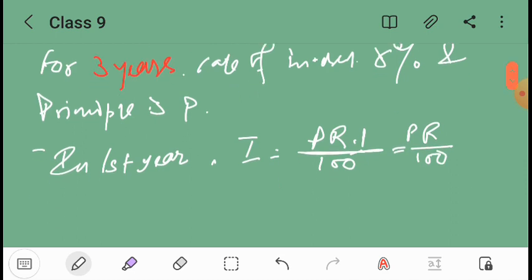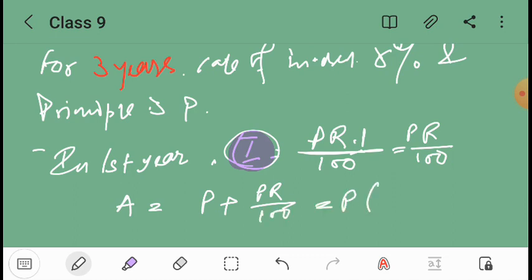This is nothing but I, interest. So the amount is I plus P, that is P plus PR by 100. You can take P common: P into 1 plus R by 100.